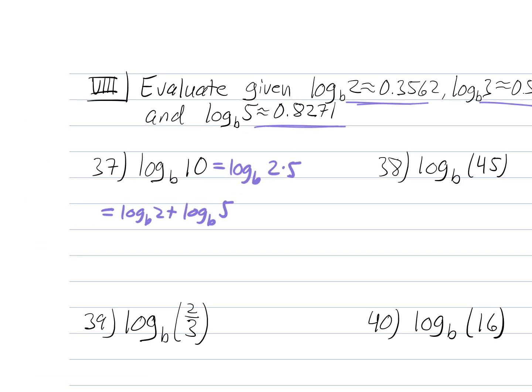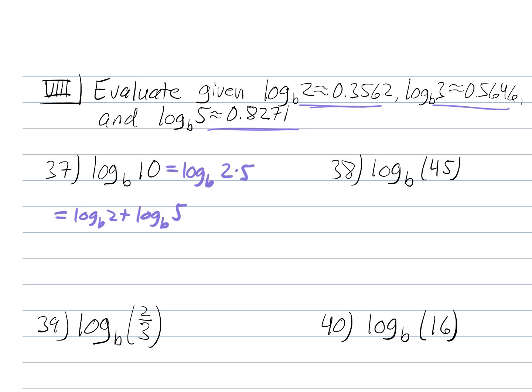Now what I would do from here is just plug in the values that were given, and then compute it. These are values that we are given already, so we know that we're going to have to use them at some point. And then if you put this in your calculator, this is going to get you 1.1833.